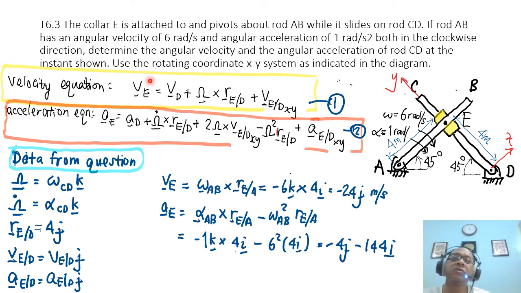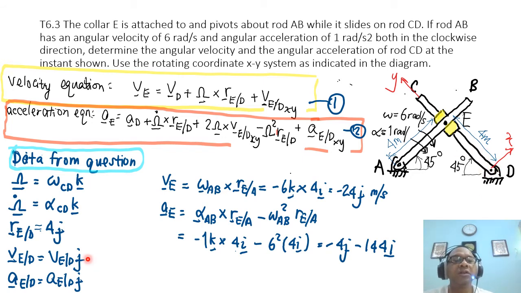What we are interested in is V_E, which can slide. This is our coordinate system, and the origin is at D. Does the origin move or not? The origin doesn't move, so the velocity of the origin of the rotating coordinate system is 0, and the acceleration of the origin of the coordinate system xy is also 0.